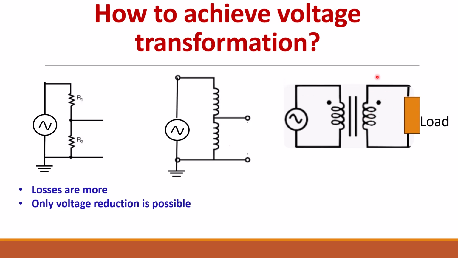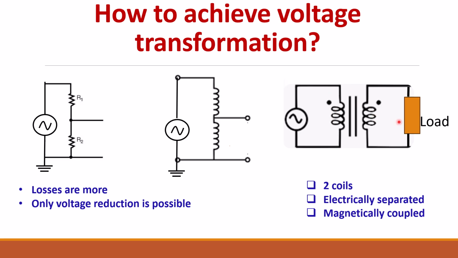So this is called the transformer. Here we give an input supply to a winding, and to the other winding we connect the load. You have two separate coils which are electrically separated. That is, there is no electrical connection between these two, but they are magnetically coupled.